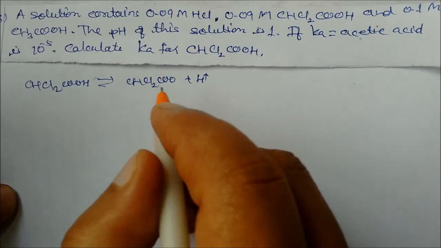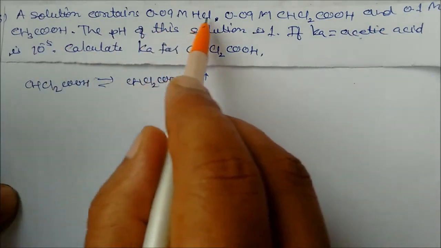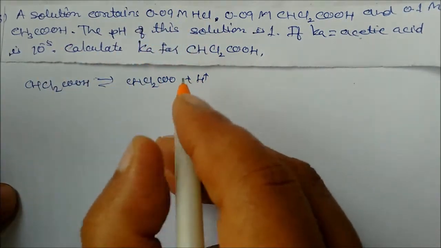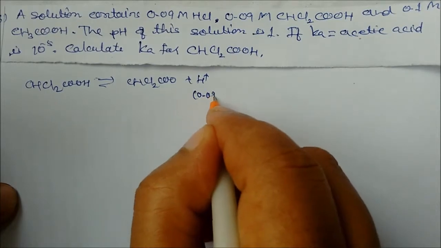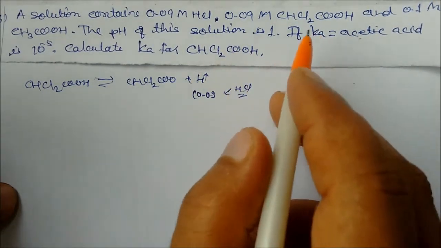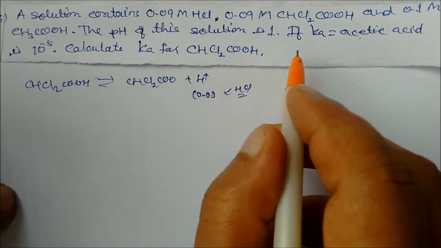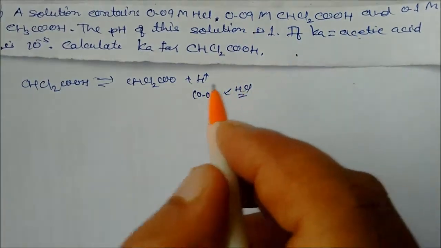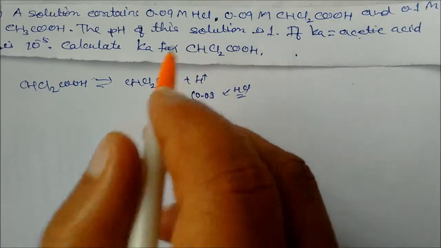So this H plus, how much are we getting here? So actually this is a strong acid. A strong acid we have right here, 0.09 molarity, that is coming from the HCl, because this is a weak acid. Weak acid does not give that much H plus due to the common ion effect. So the concentration of H plus will come only from the strong acid.